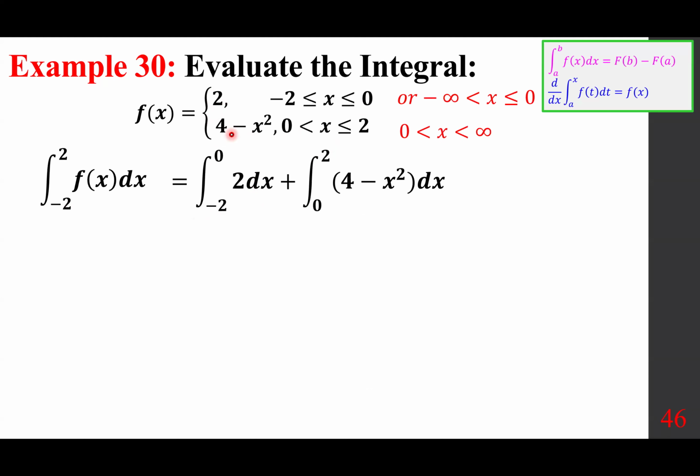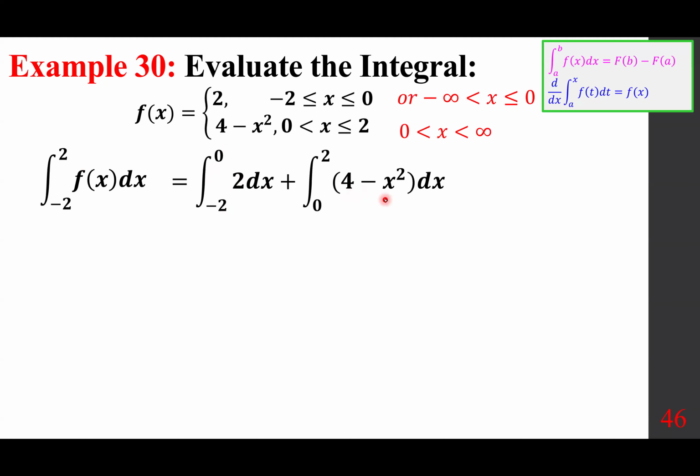By the way, if for any reason, instead of negative 2 to 0, we had negative infinity to 0, we would use the same thing because of the limitations given here. The same thing if it were 0 to infinity. I just wanted you to see that, everyone. Okay. And so you're going to evaluate this. You get 2x from negative 2 to 0.